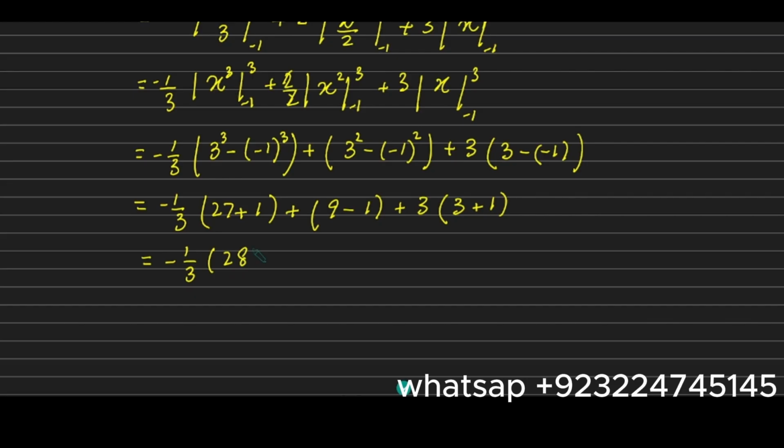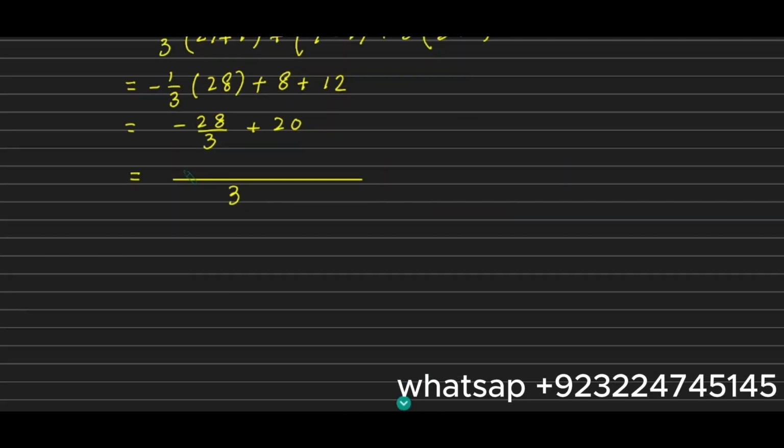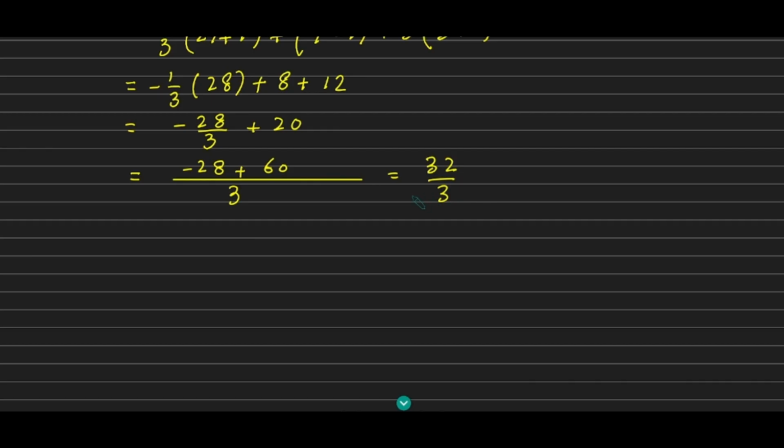This is 28 plus 8 plus 3 into 3 plus 1, 4 3 12, minus 28 by 3 plus 20. We get minus 28 plus 60, which is equal to 32 by 3. This is our required area.